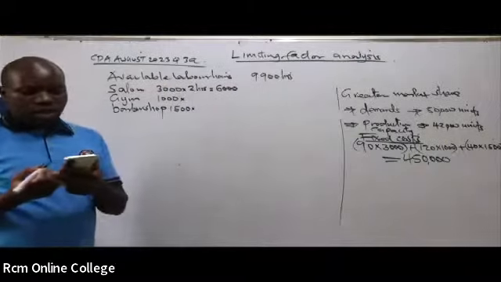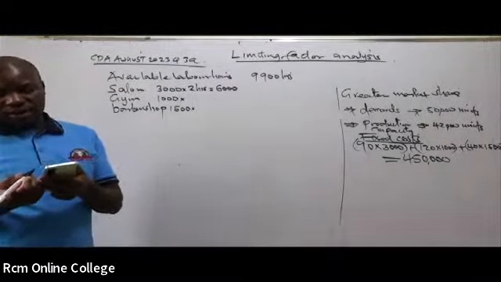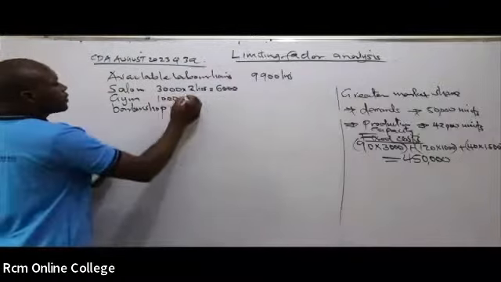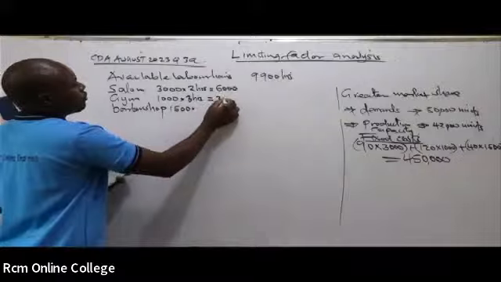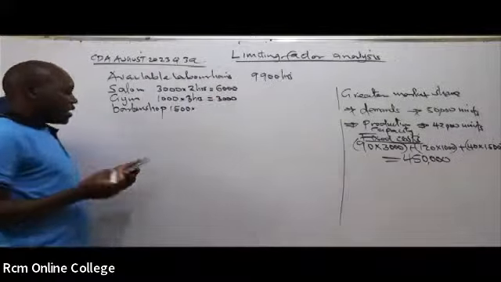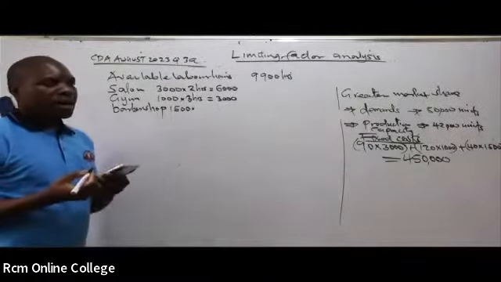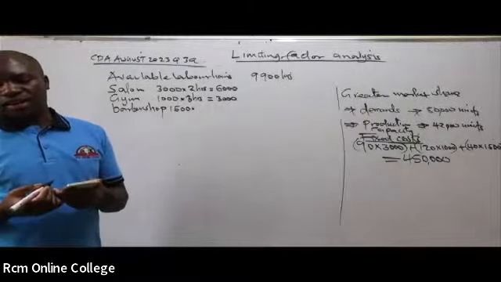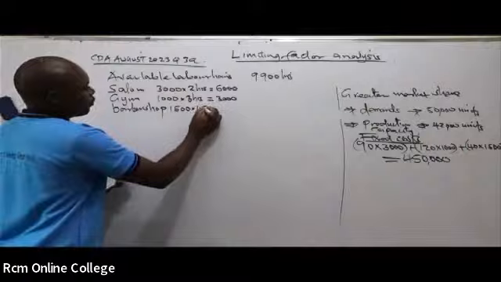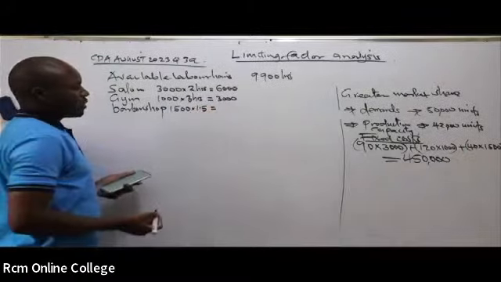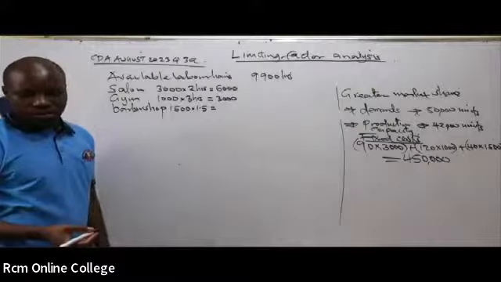In the gym, how many labor hours do we need to serve someone? A client is supposed to be given 3 hours in the gym. That is 3,000. In the barber shop, how many labor hours do we need to serve a client? 1.5 hours. So 1.5 times 1,500, what are we getting?